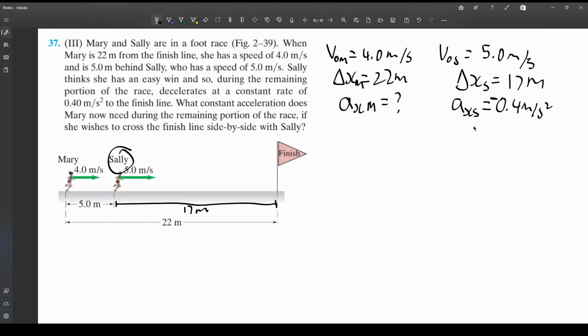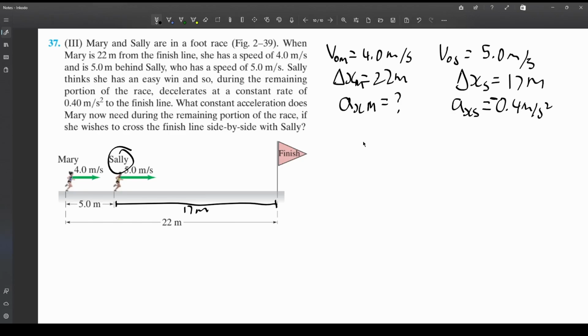So what is another thing that both of them have in common once they reach the finish line? Because they're going to be there side by side. There's one more thing that's going to be common when they reach the finish line. Any guesses? If you think about it, they're going to end at the finish line at the same time.